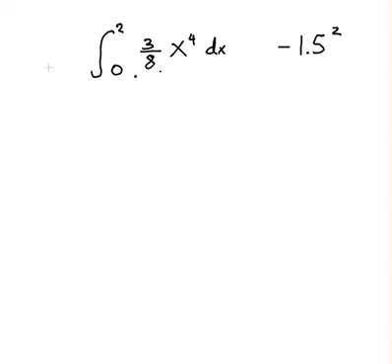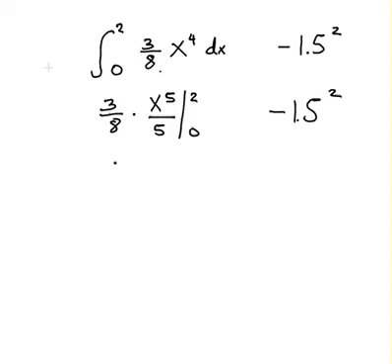So let's look at that now. Integrate from 0 to 2, 3/8 times x to the 4 dx, minus 1.5 squared. Let's concentrate on the integral. That is equal to 3/8 times x to the 5 over 5, from 0 to 2, minus 1.5 squared.